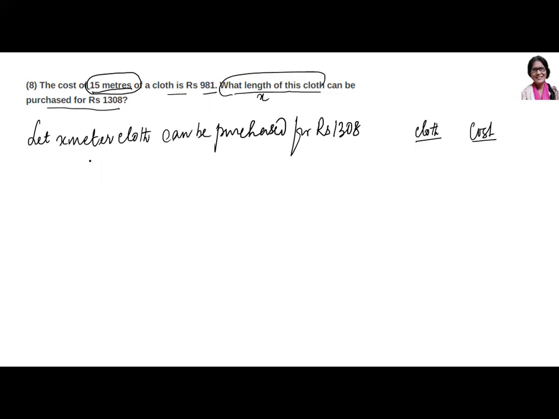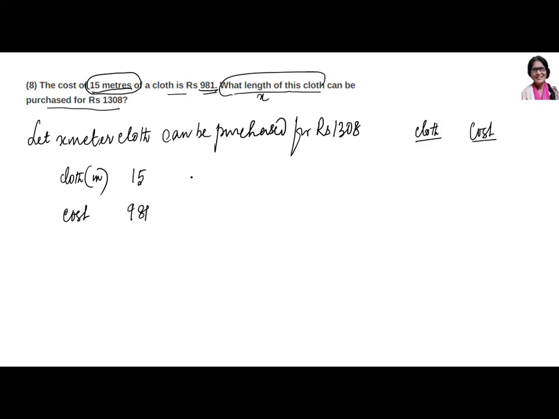Then make the table. Here is cloth in meter, and here is cost. First is 15, cost is 981.